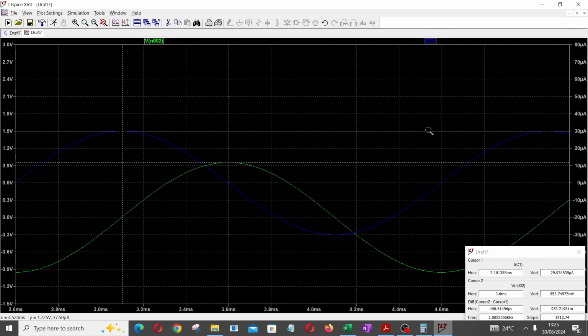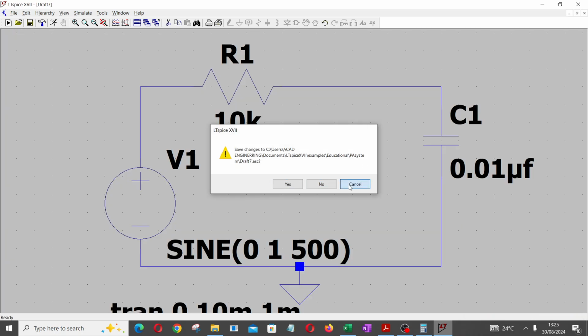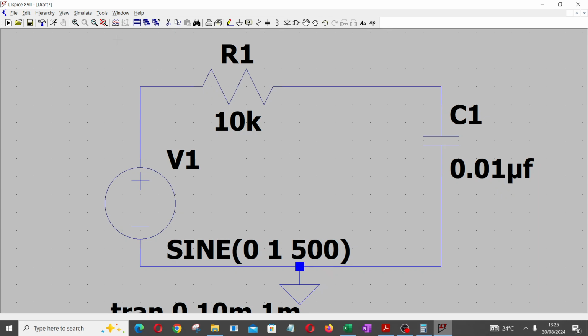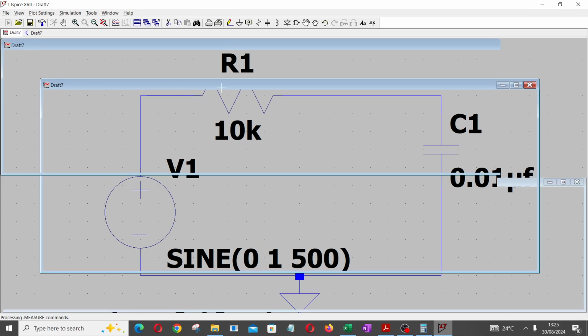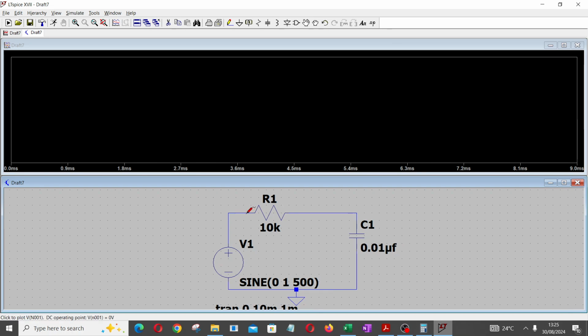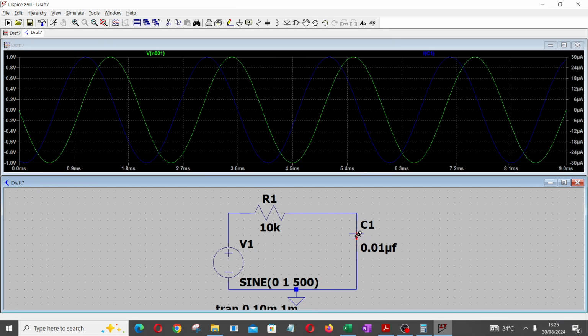I prefer to close this and resimulate, so that it will be better. Okay, I ran into a problem. This is the voltage, then the current. The current is blue while the voltage is green.